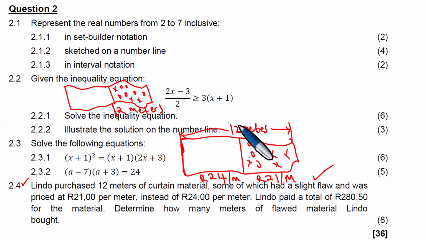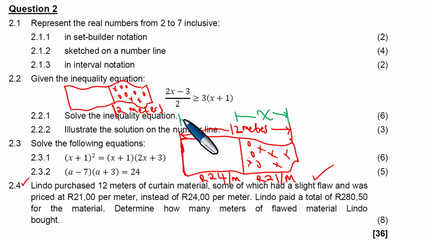Because overall it's 12 meters that Lindo bought, we can call the flawed part X. Then what would the other part be if this one is X?